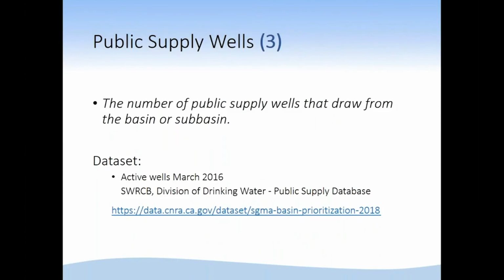Public supply wells. We worked with the State Water Resources Control Board Division of Drinking Water. We worked with the folks there back in 2016 to secure the data set that is behind all their public drinking water systems, where they collect information on both availability and water quality.